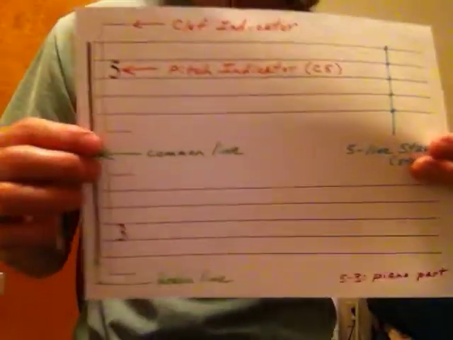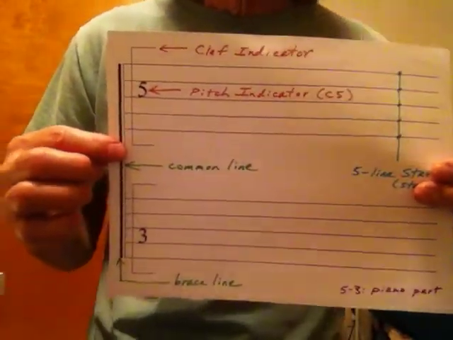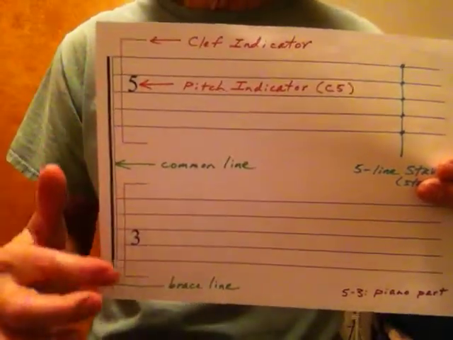For example, if you wrote a piano part or an accordion part, you would see a staff system like this. In fact, back in the day, if you just give me a second. I know that was weird walking away. But you'll see notated music.